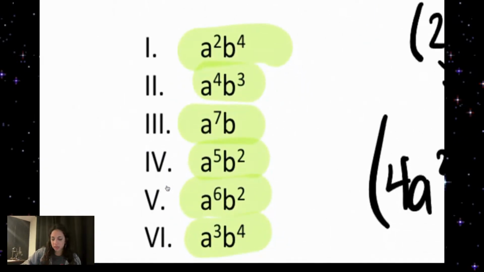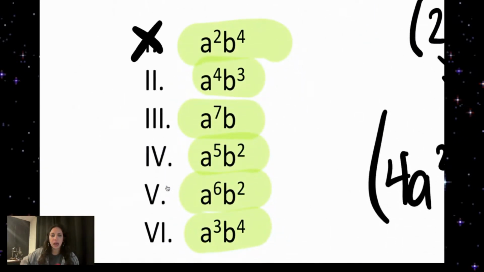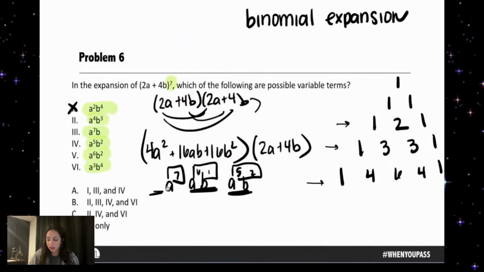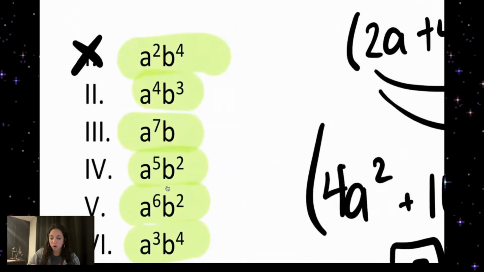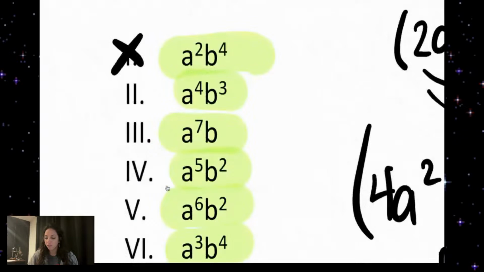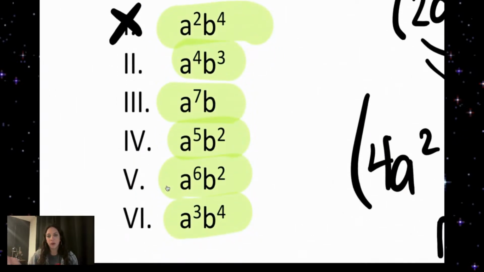So when I look at this, 1 is not going to be a part of that binomial expansion. It's not going to be a term in the expansion, because 4 plus 2 is 6. That would be a term in the expansion of (2a + 4b) to the 6th power. But 4 plus 3 is 7. 7 plus 0 is 7, except this is not 0.